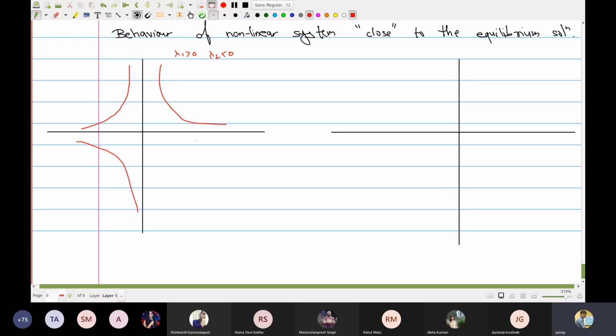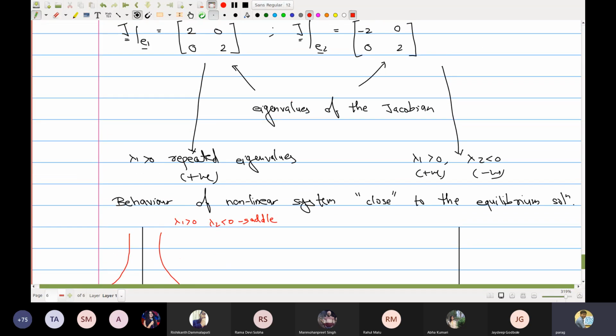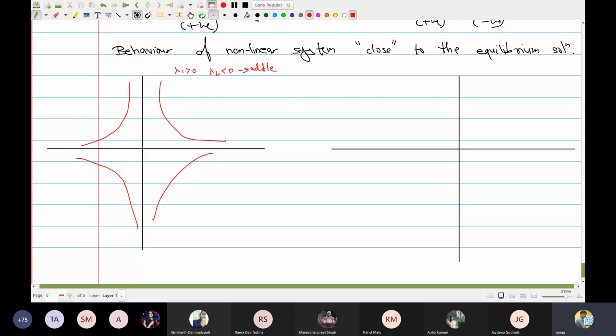This is what we studied for linear systems. This is saddle behavior, right? And we know that saddle behavior is actually unstable. So your system is going to be unstable. Lambda 1 greater than 0, lambda 2 less than 0.